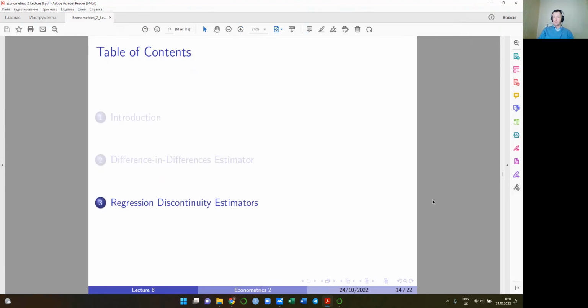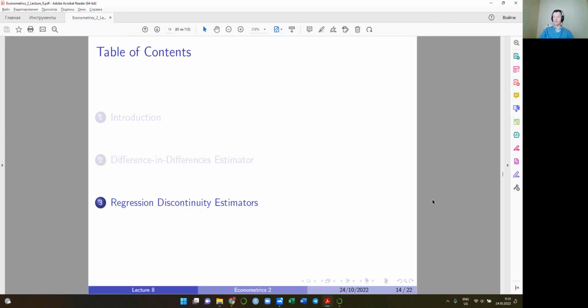So the second special technique that we will discuss is very popular, very fashionable, and econometricians started using this since the beginning of the 2000s.